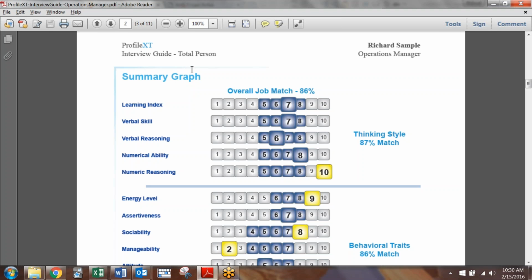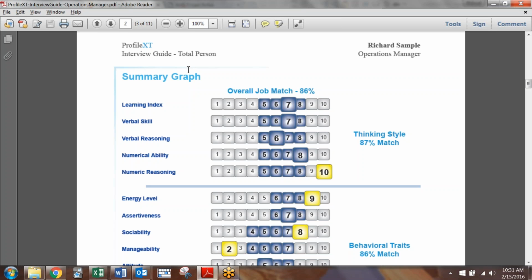Nonetheless, this person is better able to pick up on information and deal with more than one thing going on at a time, which in a managerial position is often the case. So it's beneficial to have a higher score on learning index. It's not a simple average of the other scores, but it is driven from the other scores. And it's not the same as IQ.